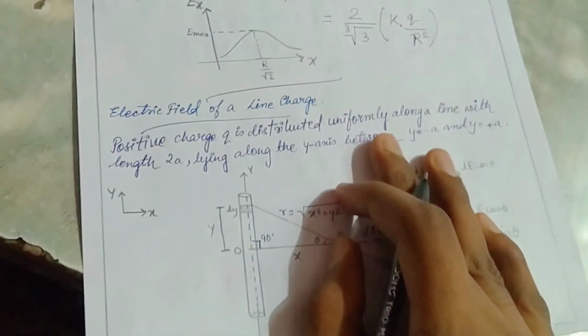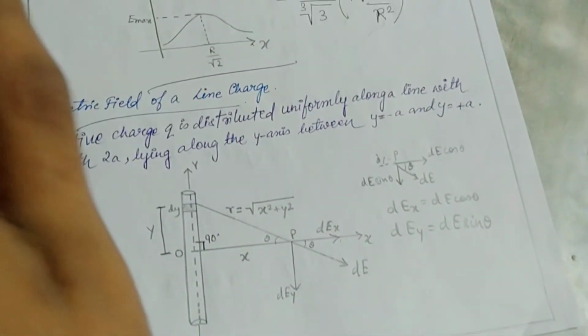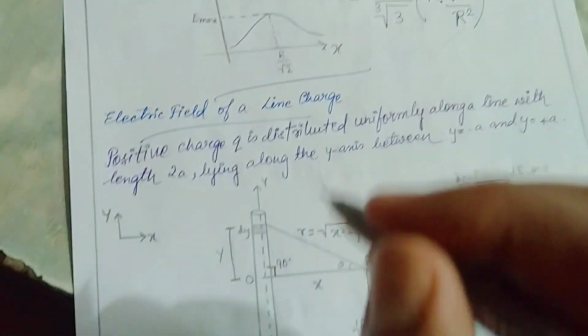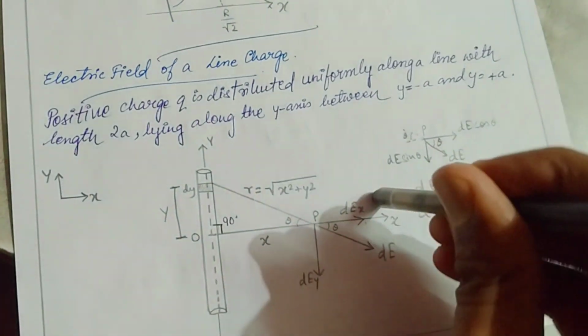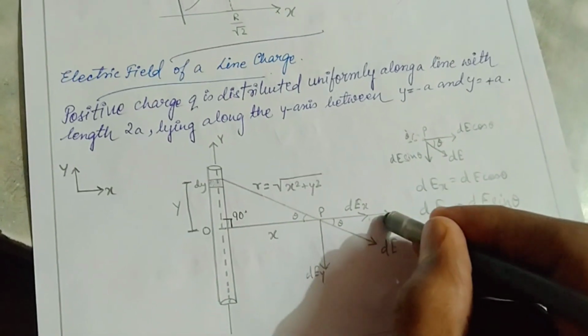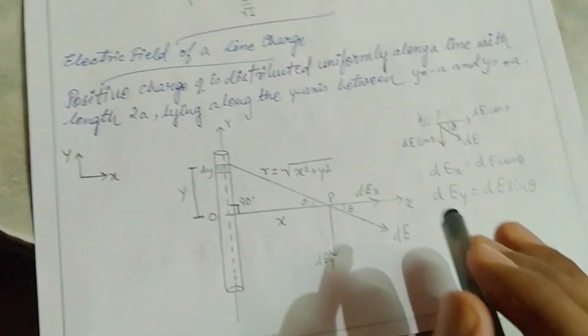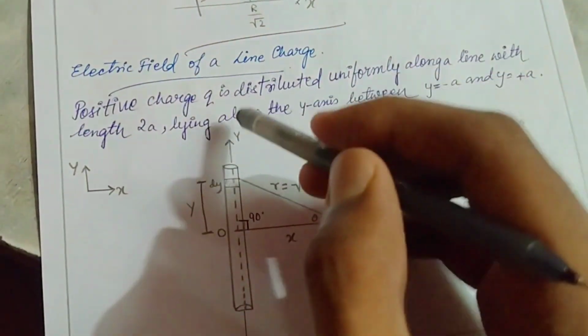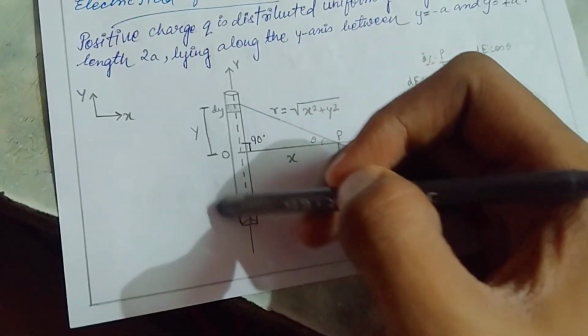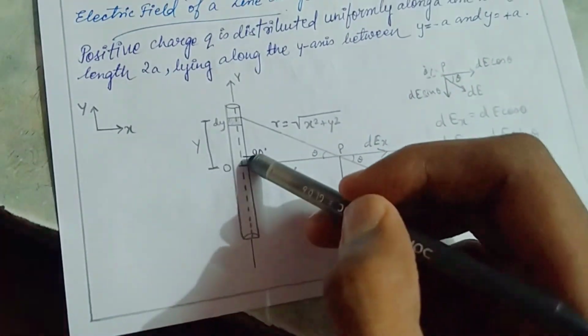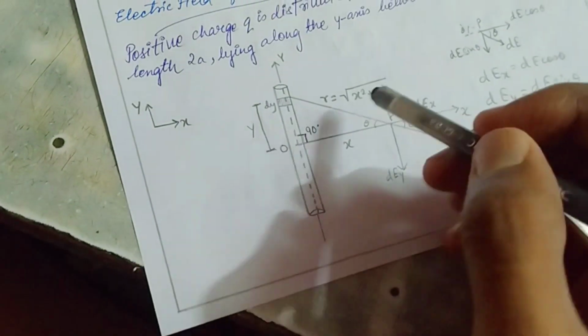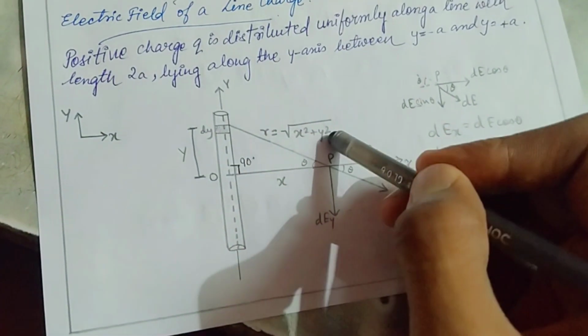Now comes the electric field of a line charge. It is completely the same as the ring, where we need to calculate the Ex, the x axis component, and the y axis component is 0. In the positive charge, this is completely running with a charge Q. This is the y, this is the x, and we took out the hypotenuse, root of x square plus y square.